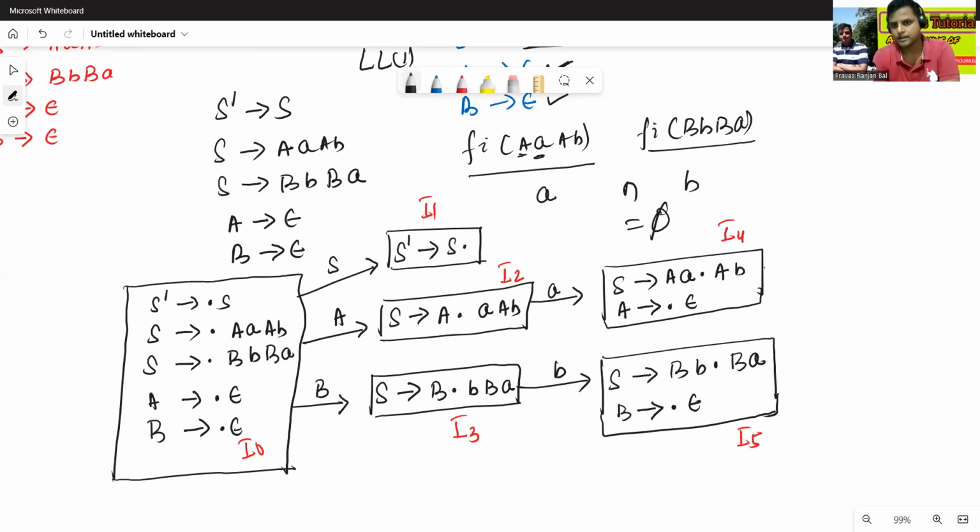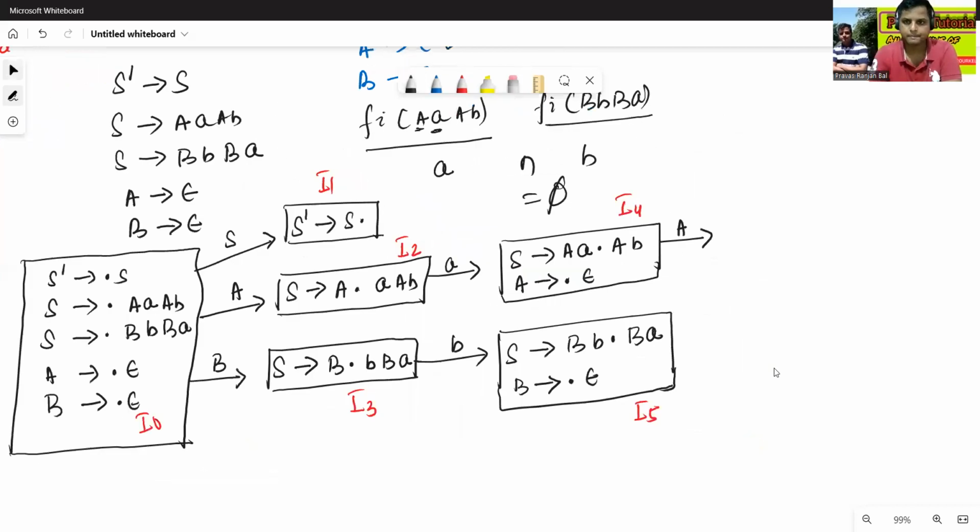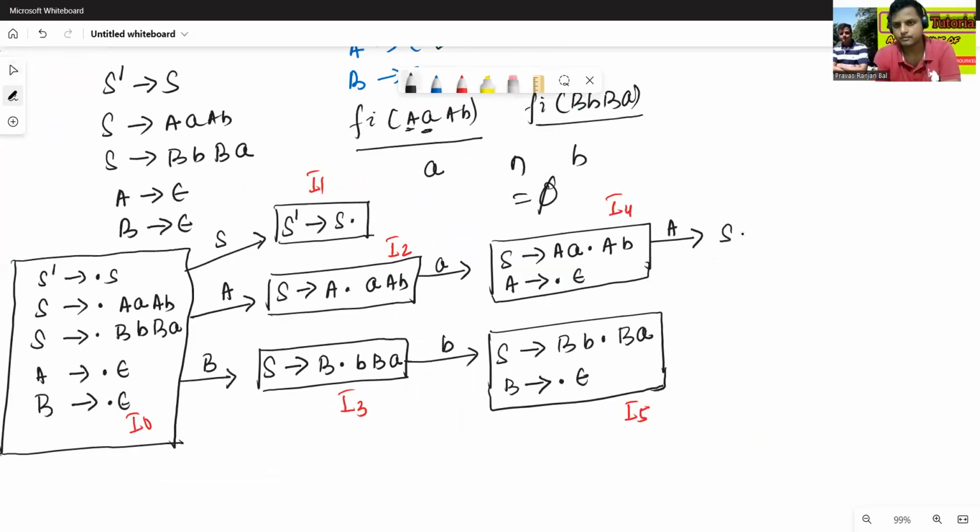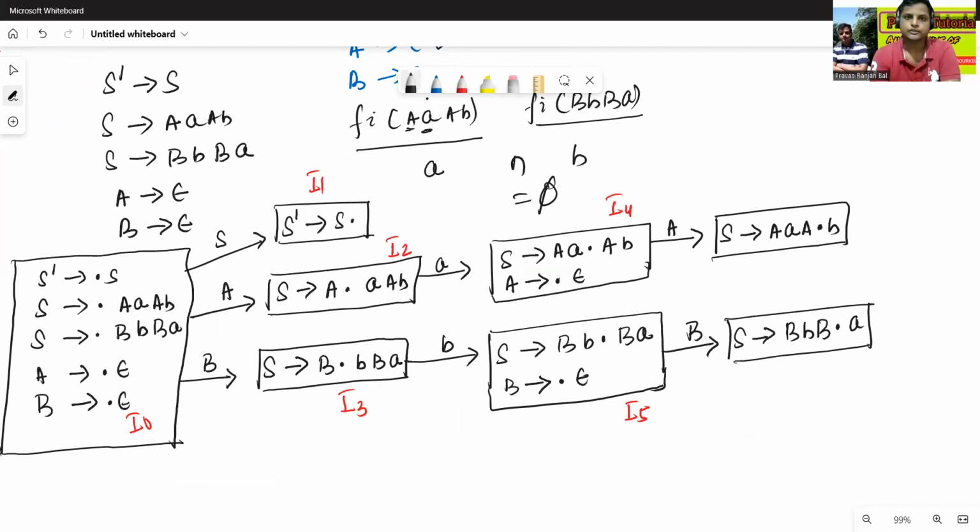Now here it will scan A. So S to A A dot B. Then here it will scan B, S to B B B dot A. Okay. So this is I6, this is I7.